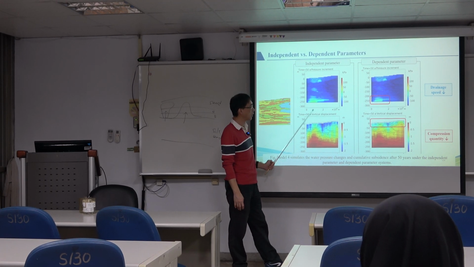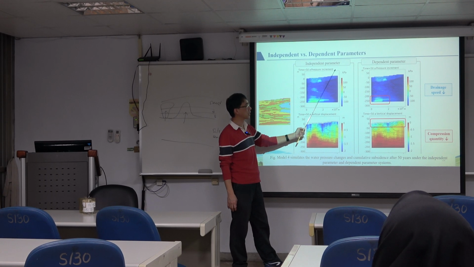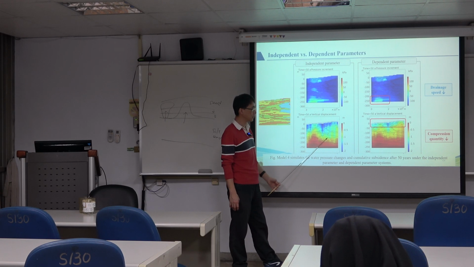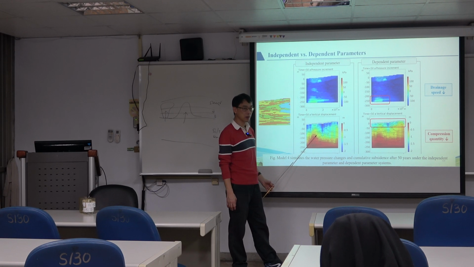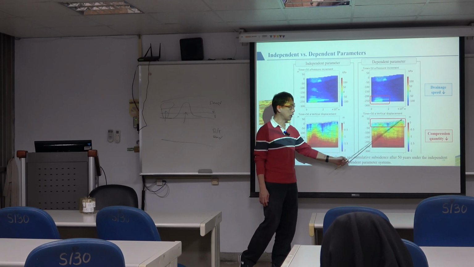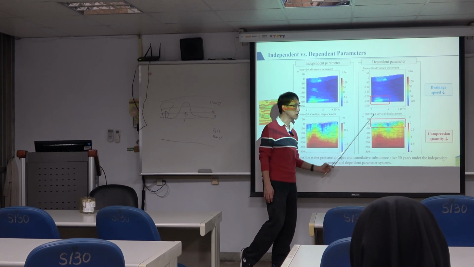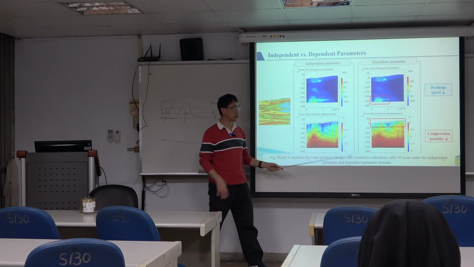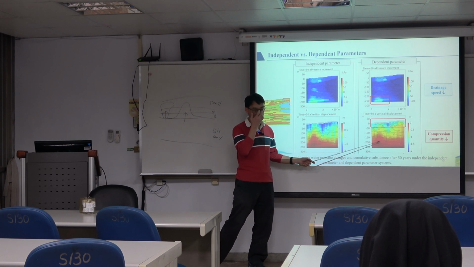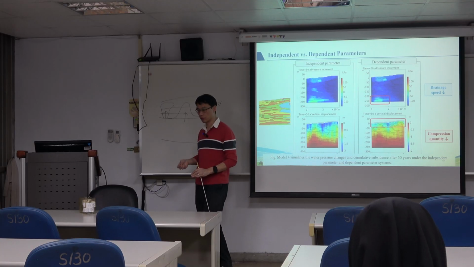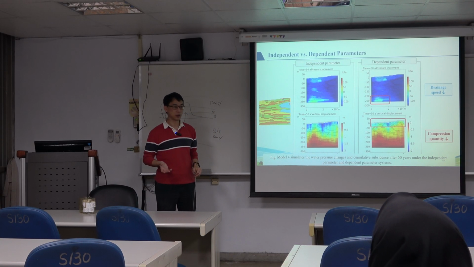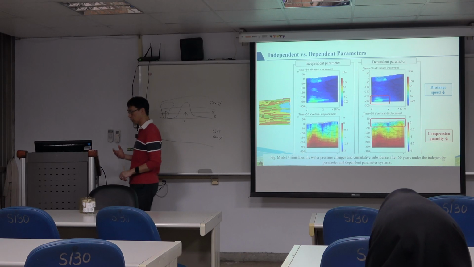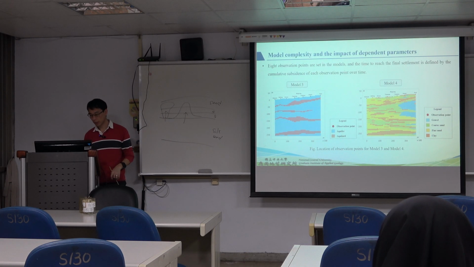If you are using independent, constant parameters, you will obtain larger subsidence quantities. But if you consider the dependent parameters, your subsidence quantity decreases largely. And this is closer to reality, because your porosity should change, your K should change, and your rigidity should change. They are not constants. Yeah, just to demonstrate that.